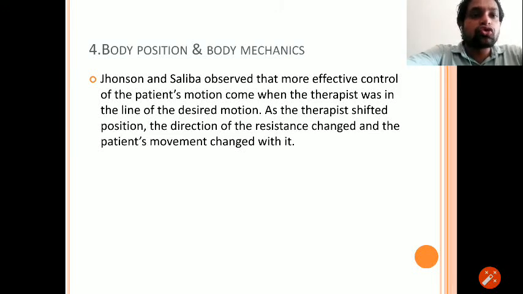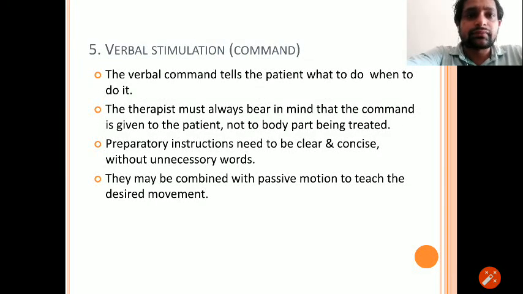That means the therapist should be aligned with the resistance or the motions of the patient. So body mechanics or body position teaches us the therapist's positioning while applying PNF techniques.